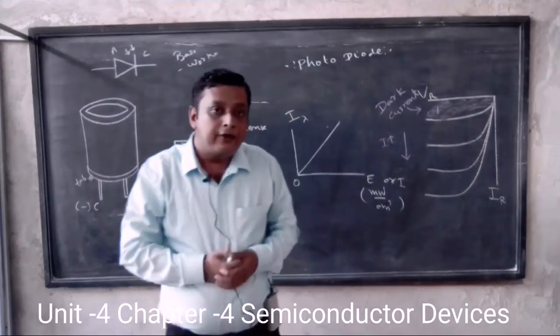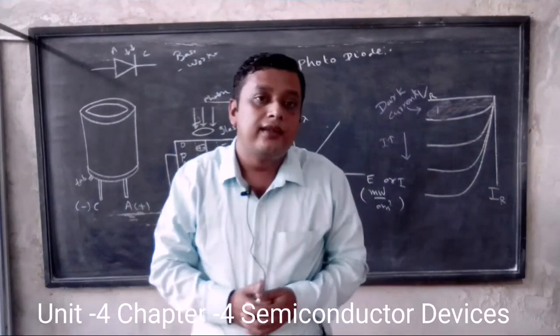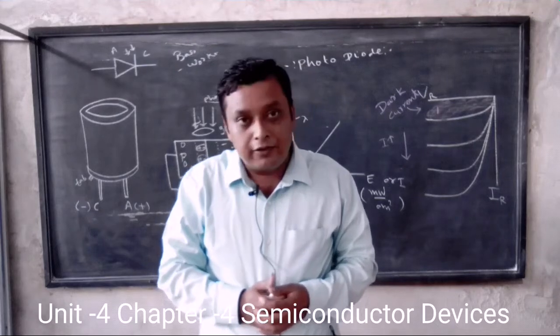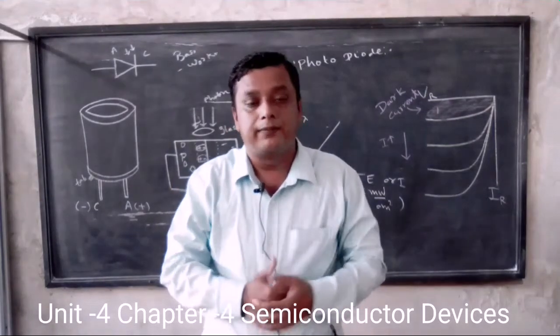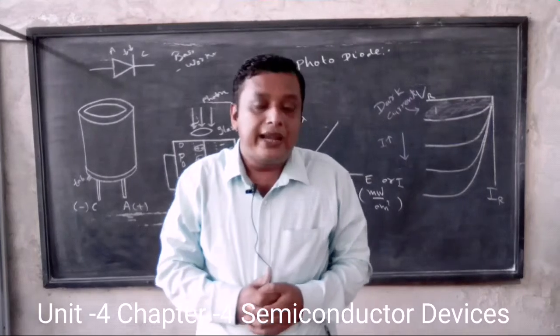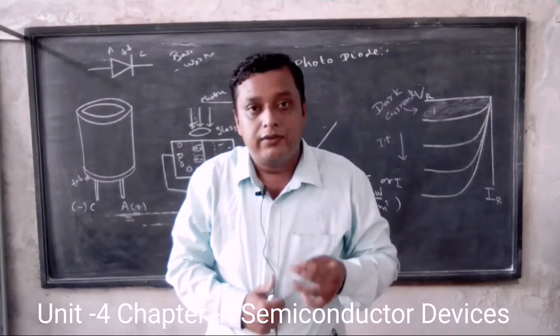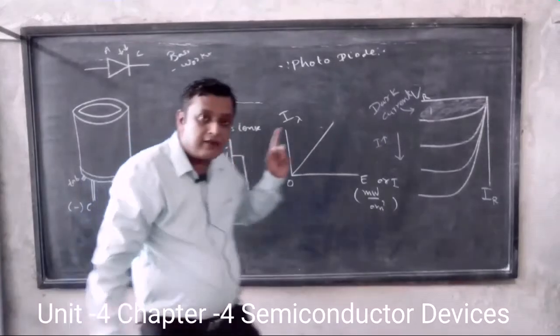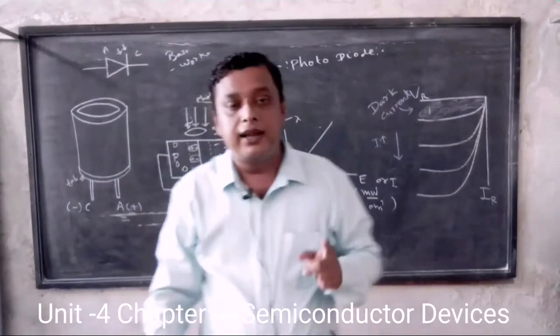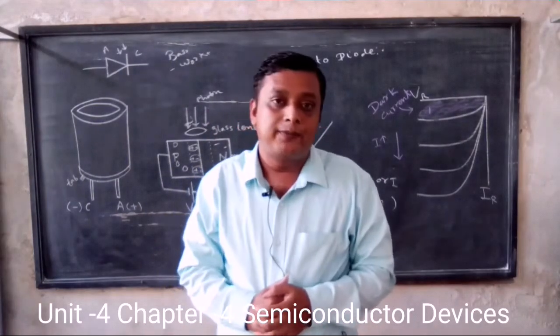Actually, a photodiode is one type of diode which is made up of silicon or germanium. Photodiodes are always operated under the condition of reverse bias.